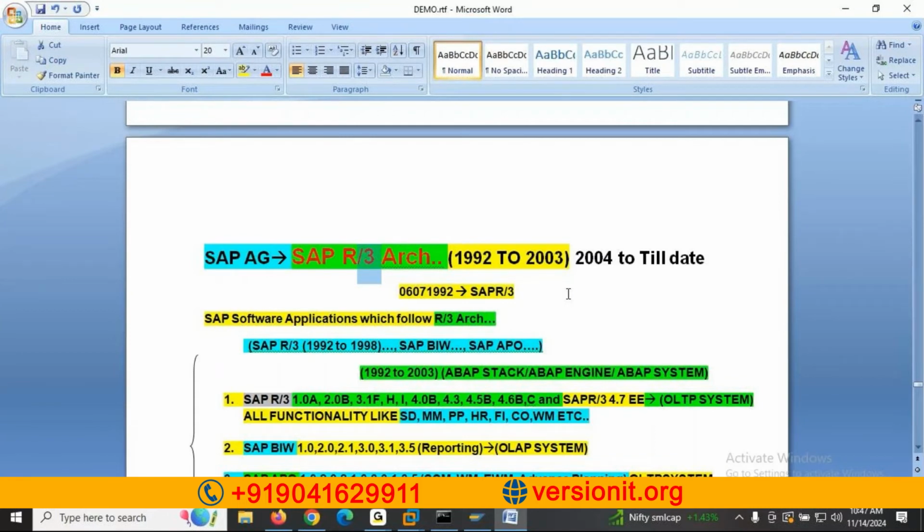Next, central database tier. Central database tier.